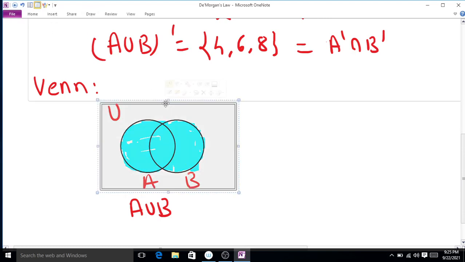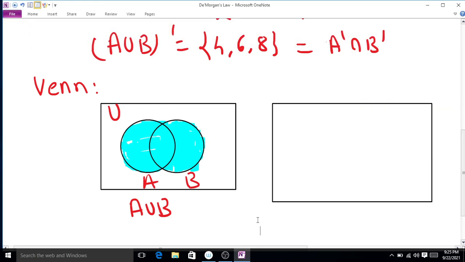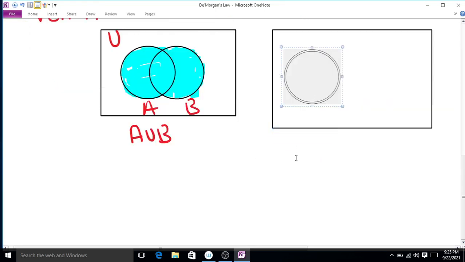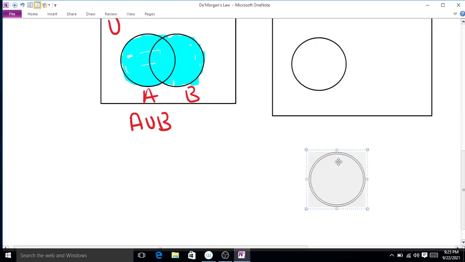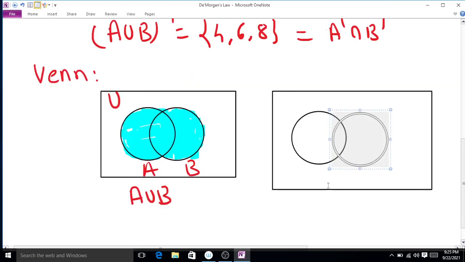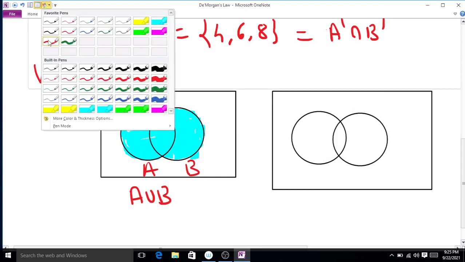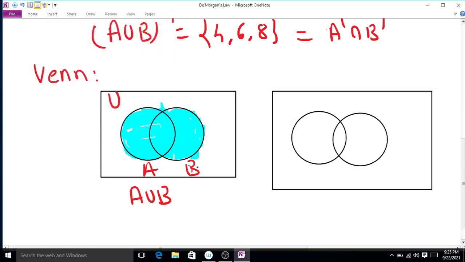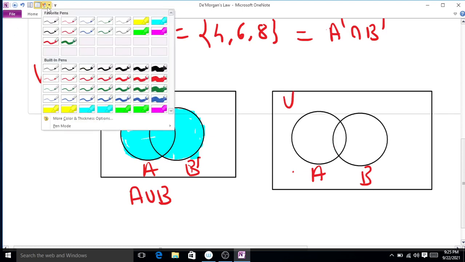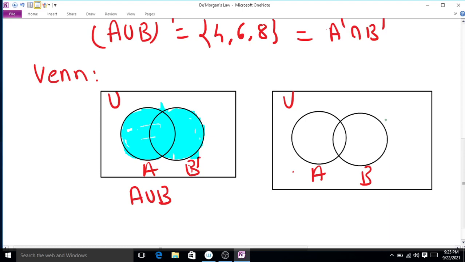So again, suppose this is set A, set B, this is universal set U, then (A union B) complement is equal to, this part is called (A union B) complement.